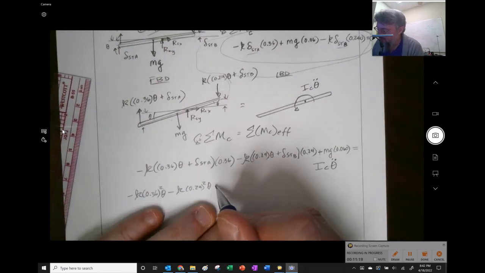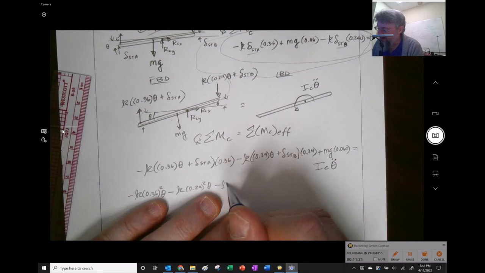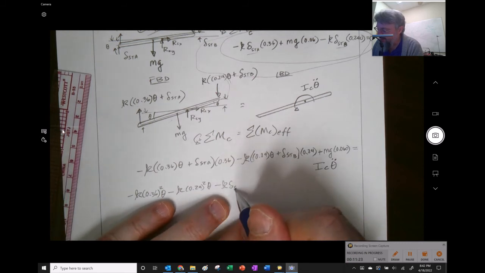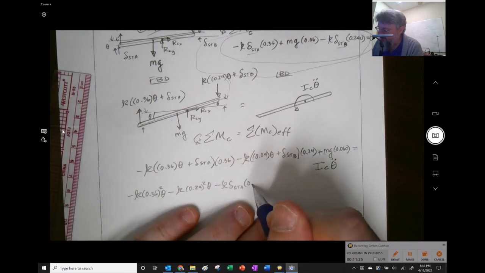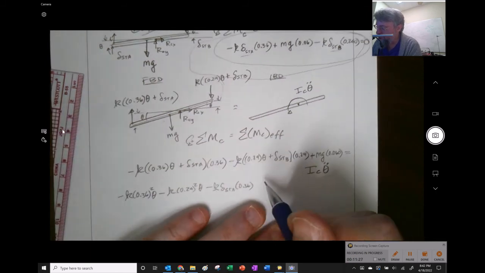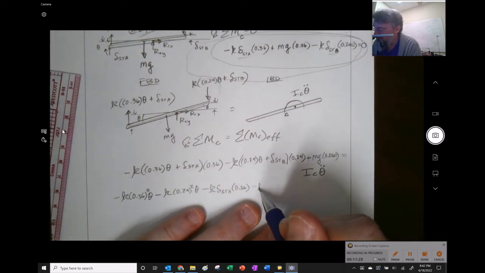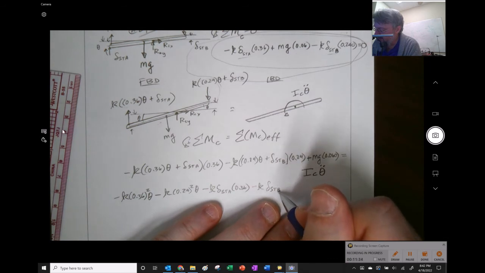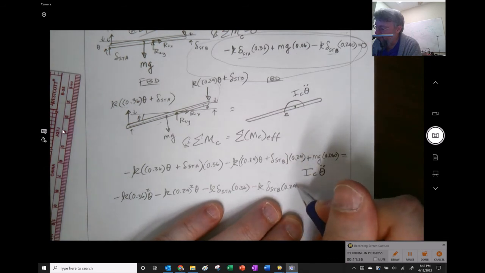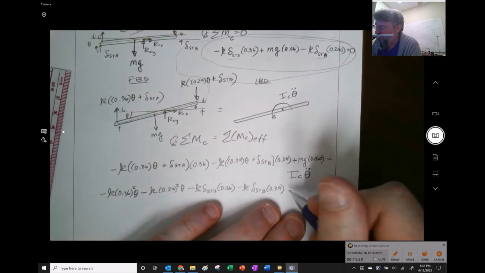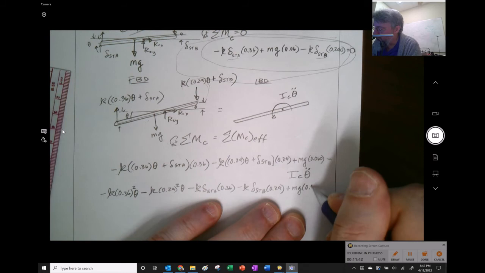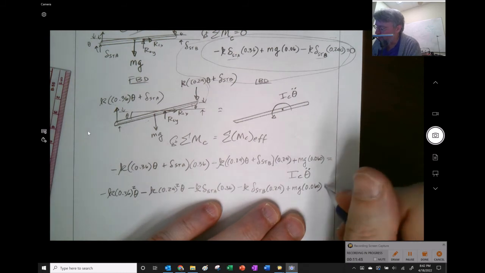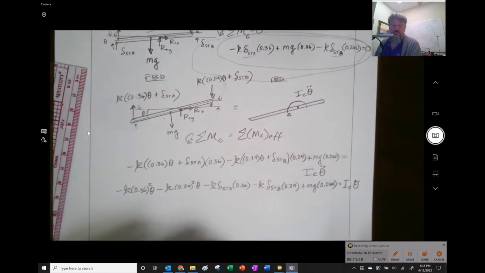But then we bring this other thing out over here, and we go minus k static a 0.36, minus k del static deflection 0.24, and then also plus mg 0.060 equals IC theta double dot, right?